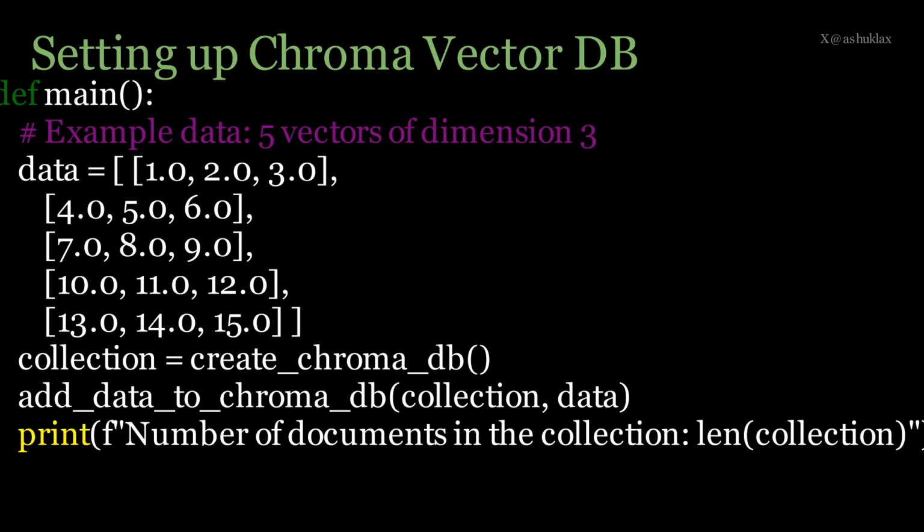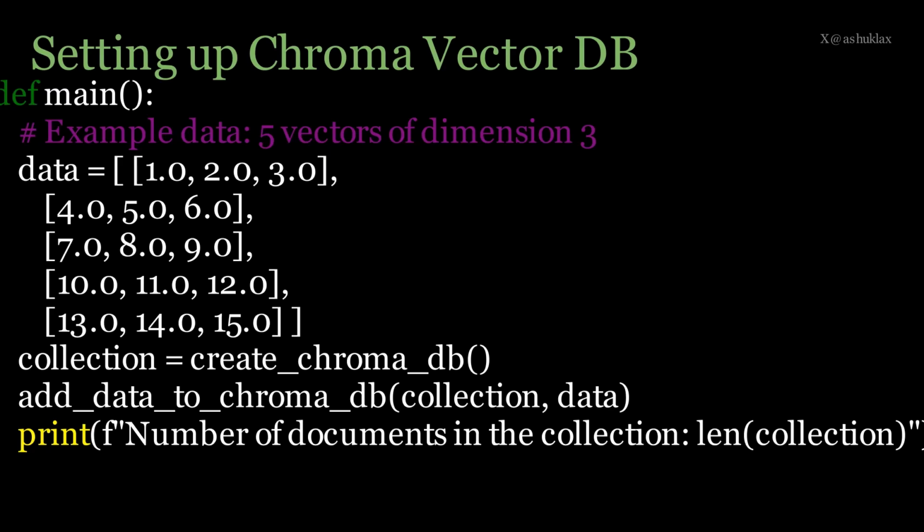So simply you say collection equals create Chroma DB. This line is going to call the create Chroma DB function, which we discussed earlier, and create a new Chroma collection. The created collection is assigned to the variable collection, and then you simply call the add data to Chroma DB function we already created, passing the collection and data as arguments.